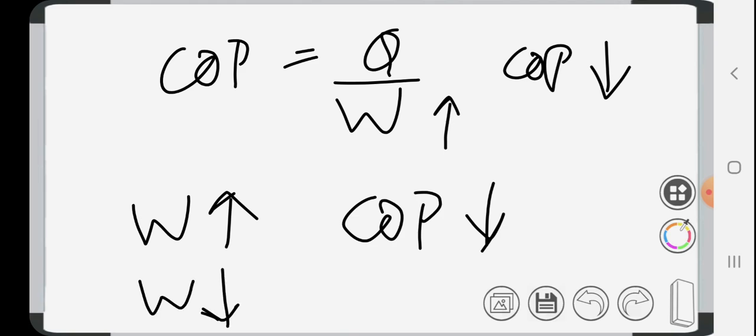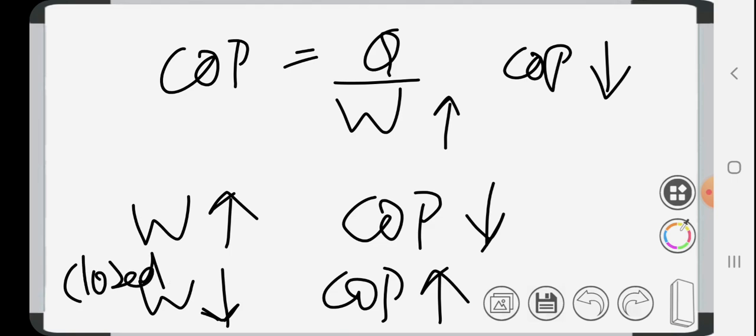W lower means COP higher. So in case of a closed refrigeration system, the pressure ratio is lower, therefore work is lower, so the COP will be higher. In case of an open system, work will be higher, therefore COP will be lower. So that is the difference between closed and open refrigeration cycle.